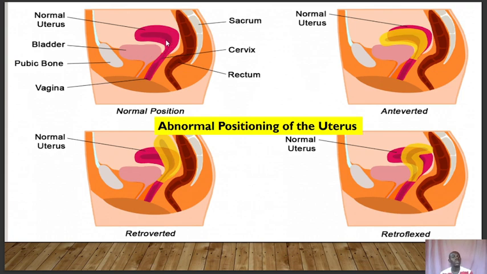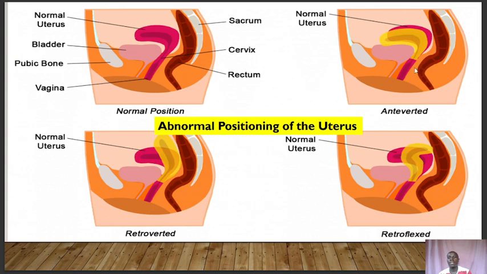So it is posterior superior. It is posterior to the bladder but above the bladder, and it's anterior to the rectum. So the rectum is behind. You can see that. So in a normal uterus, this is how it will be.